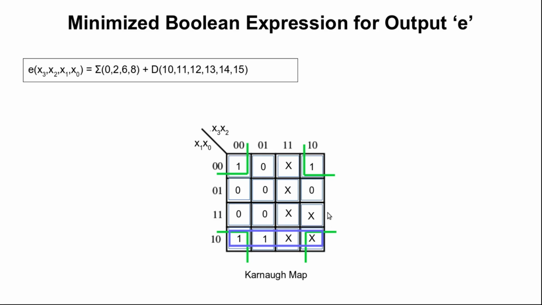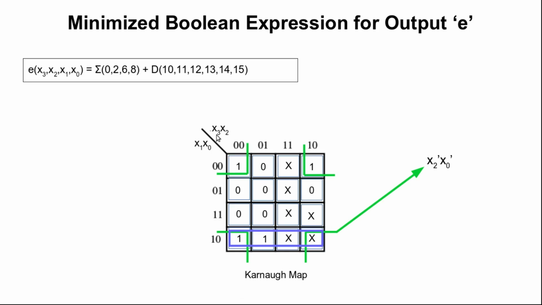Now once the grouping is done, we have to find out the product term for each group. We have already seen what is the product term for the green group. It is x2 prime, x0 prime. Now for the blue group, it consists of all the 4 columns.